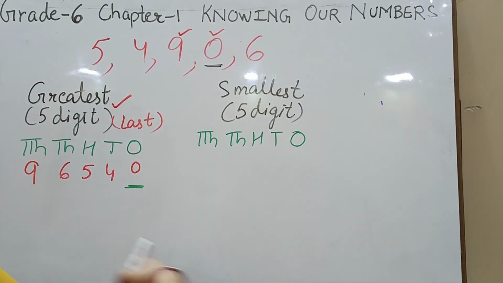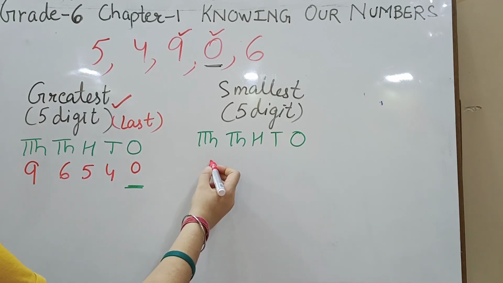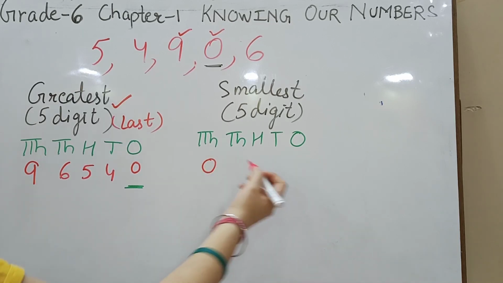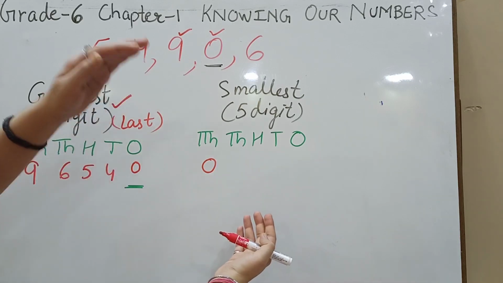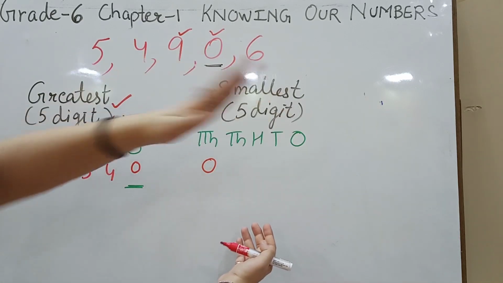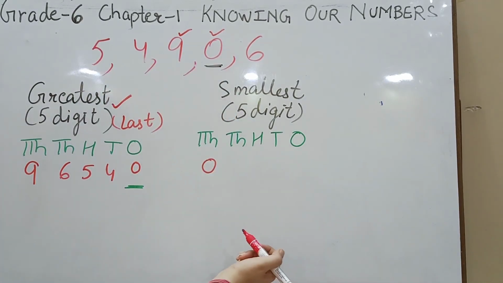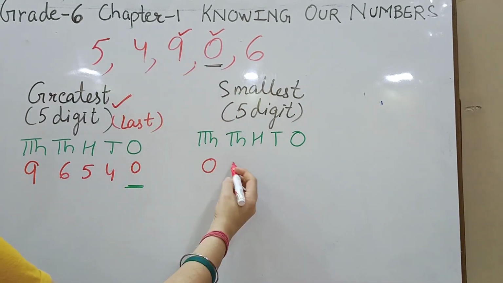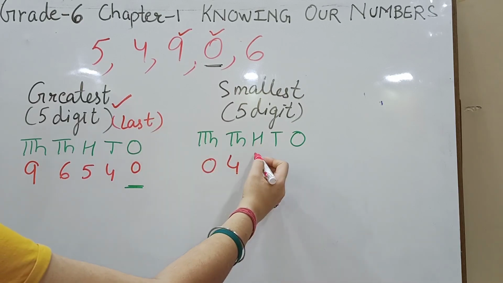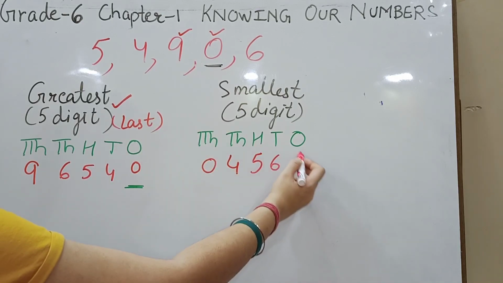Definitely the smallest one is 0 among the given numbers. So if I put 0 here and then arrange all the other numbers in ascending order, after 0, which number should come? Next smaller one is 4, then 5, then 6 and then 9.